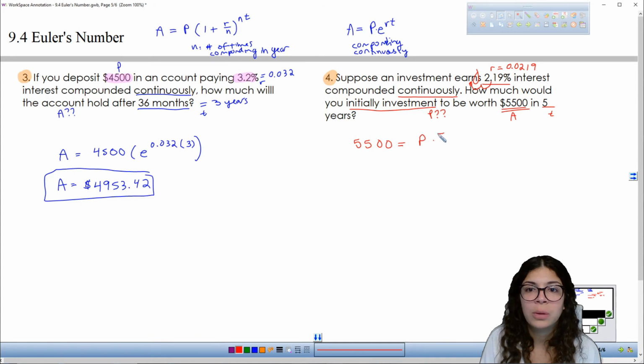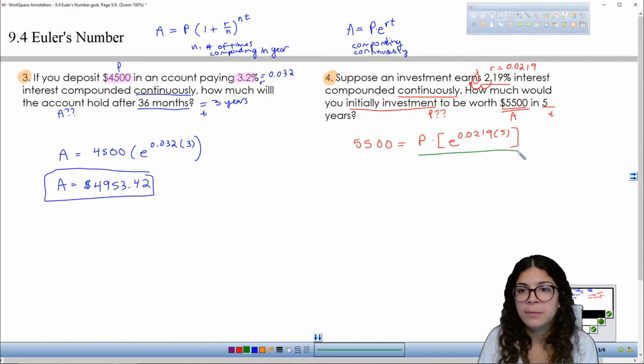And of course, the initial amount is being multiplied by e to the power of the rate as a decimal, 0.0219 times t, which is 5 years. Again, these two are multiplying together. So all I need to do is divide by e to the power of 0.0219 times 5.